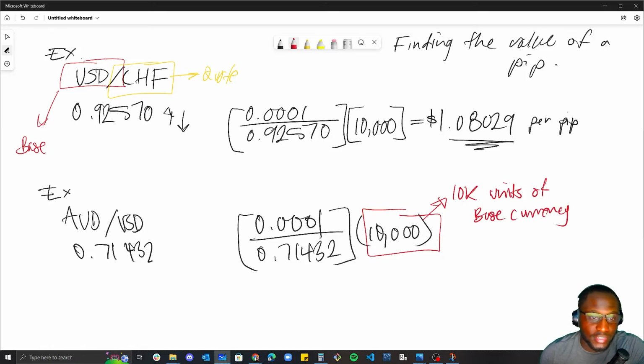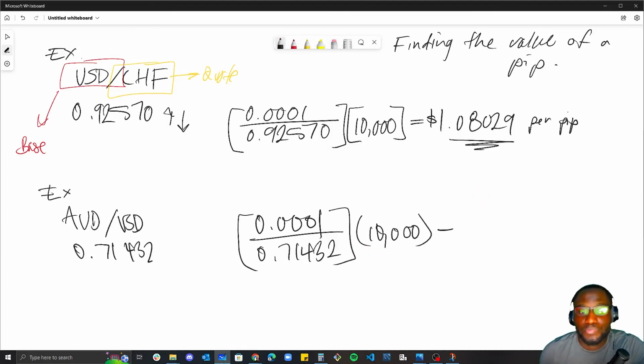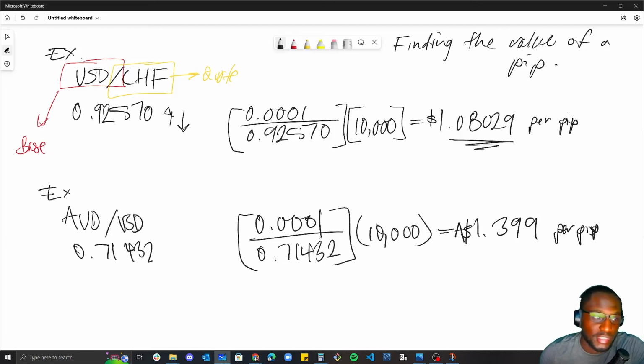That's where that 10,000 is coming from. And now this equals 1.399 per pip. And this is obviously in Aussie dollar, because this is the base currency. So this would be for the actual US dollar, but for this example, we're finding the dollar per pip value for the Australian dollar. So it's $1.39, basically $1.40 per pip move.